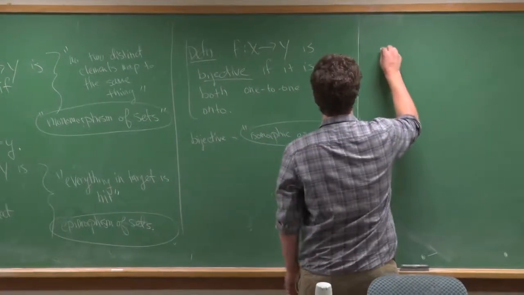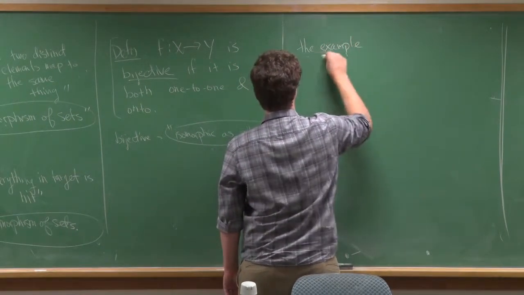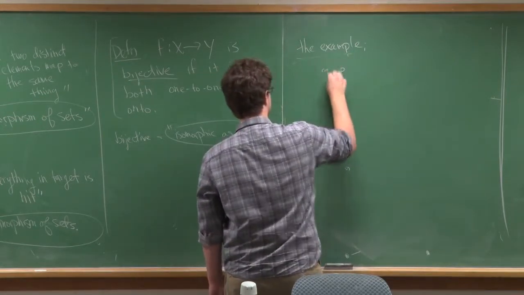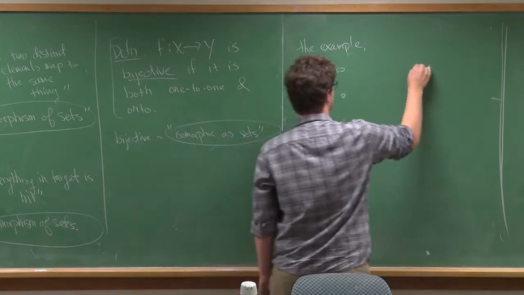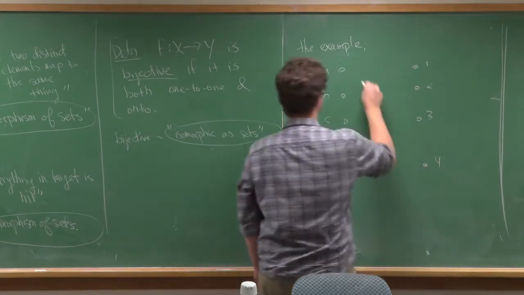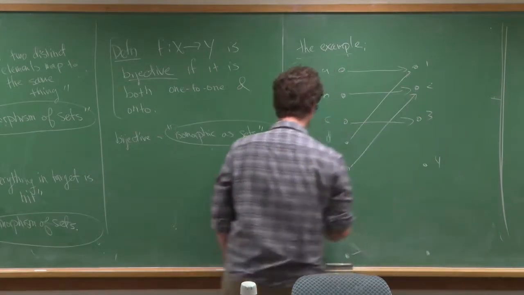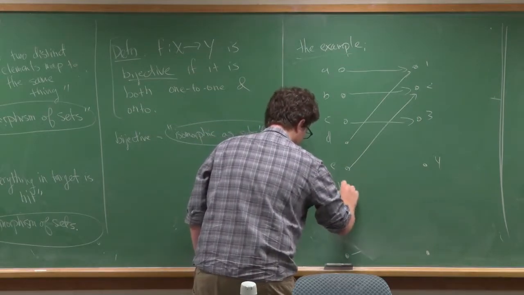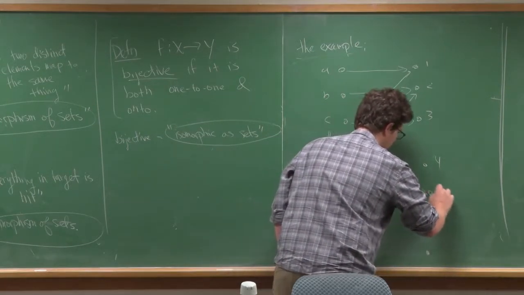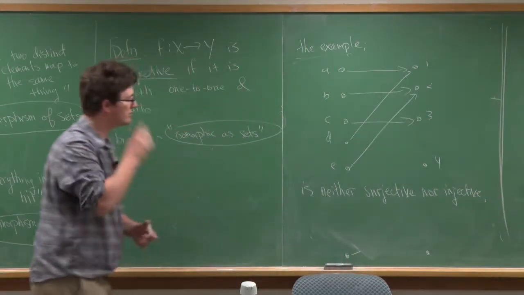So this example where I did A, B, C, D, E, 1, 2, 3, 4, like this, this is neither surjective nor injective.